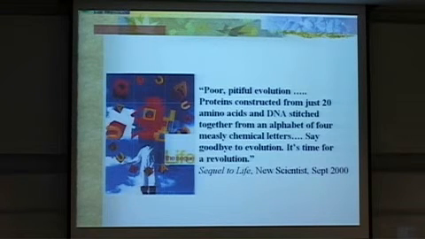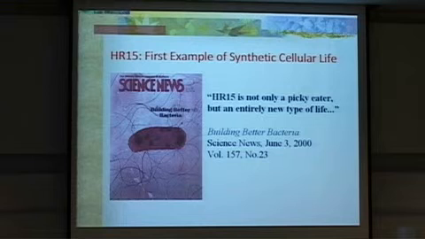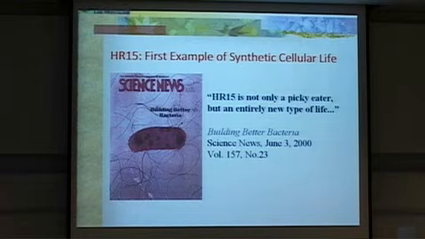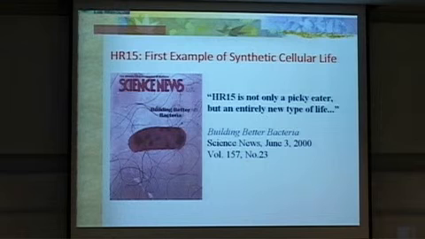And in another article, it suggests that HR15 is not only a picky eater, but an entirely new type of life, because the genetic code as we know it, the 20 amino acids, is a fundamental characteristic of life on Earth.